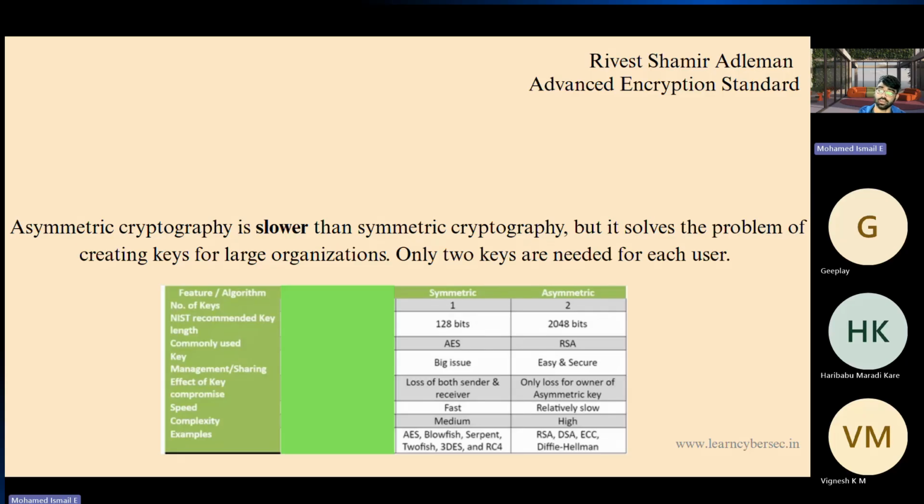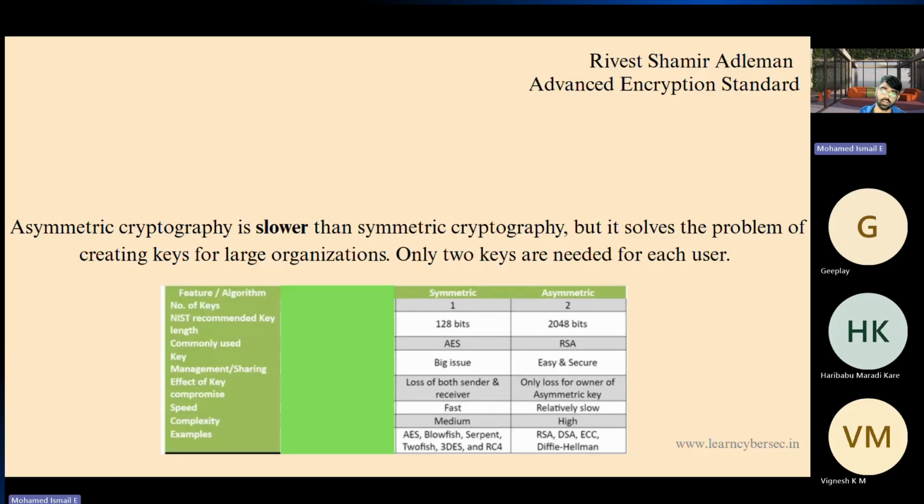So you can see here, symmetric number of keys 1, asymmetric number of keys 2. NIST recommends 128 bits for symmetric and 2048 bits for asymmetric. The commonly used symmetric algorithm is AES, Advanced Encryption Standard. In asymmetric, RSA, Rivest-Shamir-Adleman algorithm.